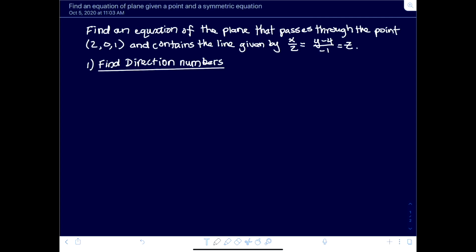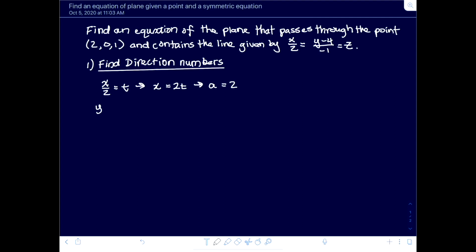So here we go. x over 2 equals t gives us x equals 2t, which means that a is equal to 2. That's our first direction number.